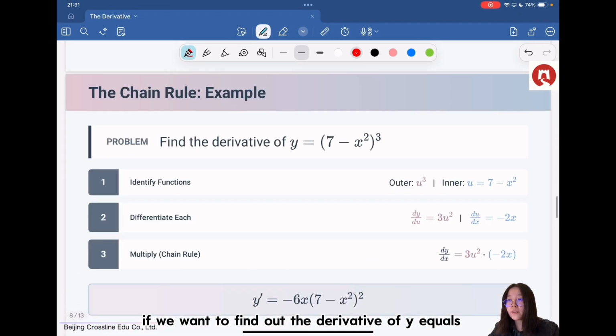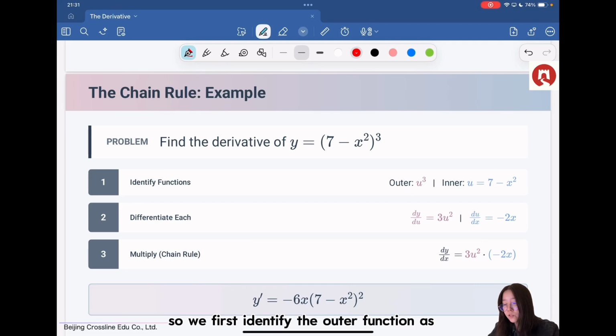If we want to find the derivative of y equals the cube of 7 minus x squared, we first identify the outer function as the polynomial function u cubed, and the inner function is 7 minus x squared. So we differentiate each function. The outer function's derivative becomes 3 times u squared.